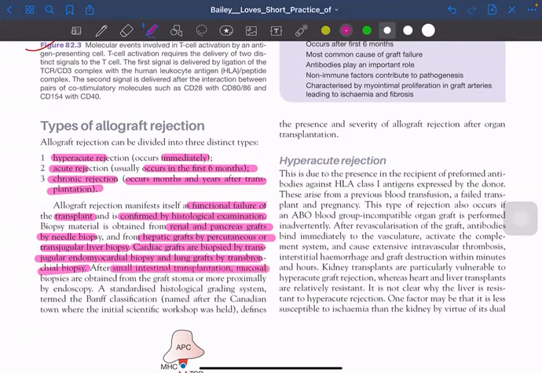For small intestine transplantation, endoscopic mucosal biopsies. And the standardized histological grading system is the Banff classification, very important. Banff classification is used to define the presence and severity of allograft rejections after organ transplantation.